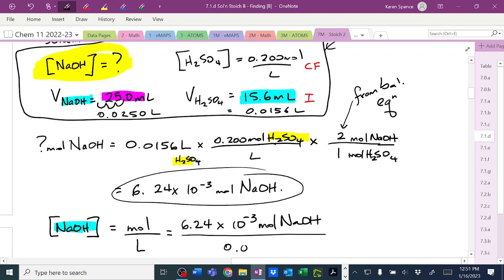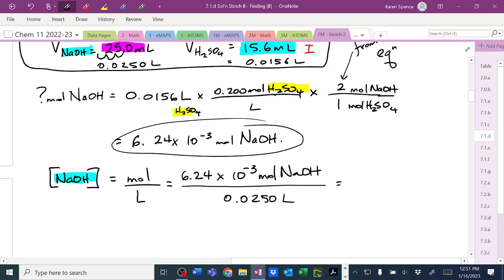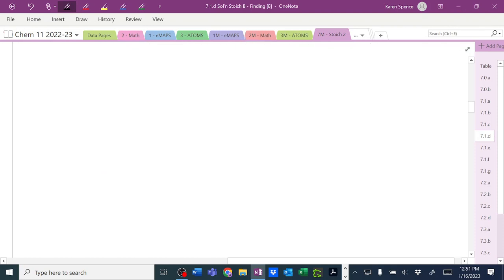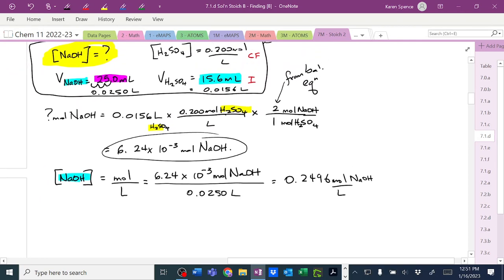So 0.0250 liters. Do that calculation. Divide by 0.025 equals 0.2496 moles per liter, and that's moles of NaOH. Now, sig figs.